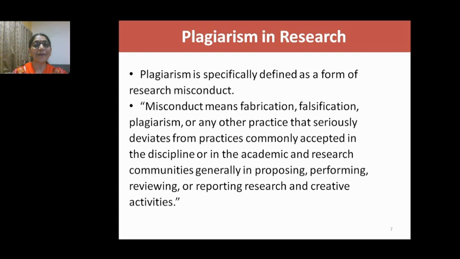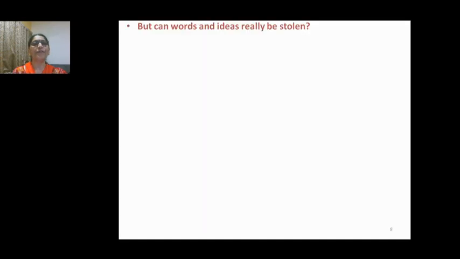These are examples of fabrication. Falsification is manipulating research material, equipment or processes, or changing, omitting or suppressing data or results without scientific or statistical justification. It includes misrepresentation and providing false statements. These are examples of fabrication and falsification.